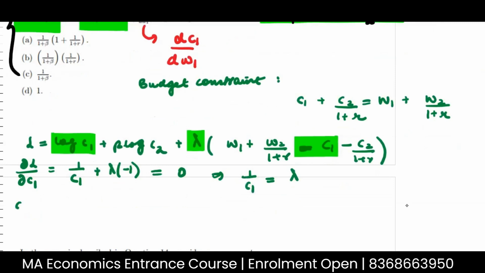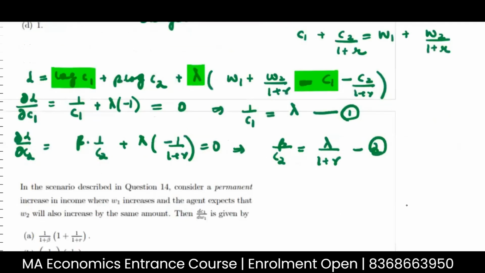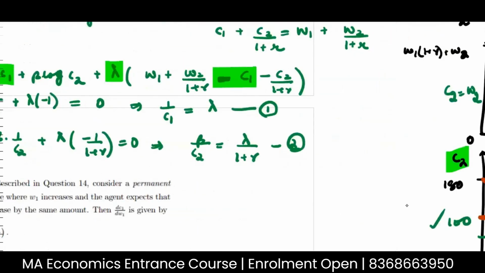Similarly, del L by del C2 will be beta times 1 by C2 plus lambda times minus 1 upon 1 plus R is equal to 0. So this will mean beta by C2 is equal to lambda upon 1 plus R. This will be equation 1 and this will be equation 2. Let us divide equation 1 by 2.